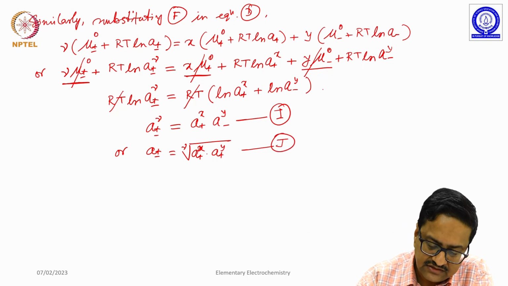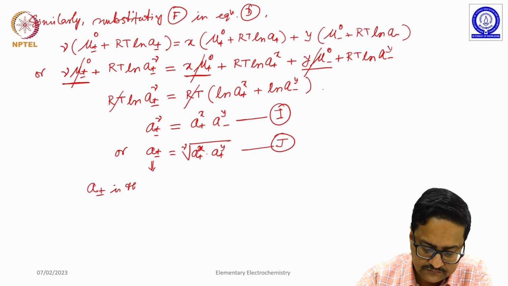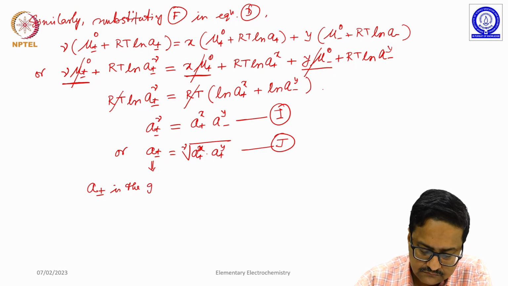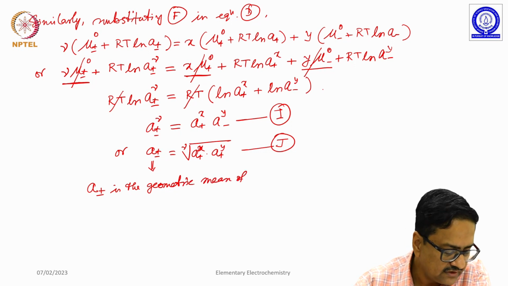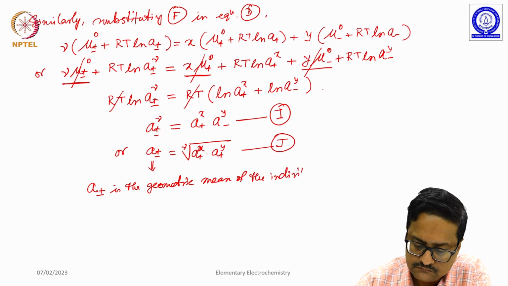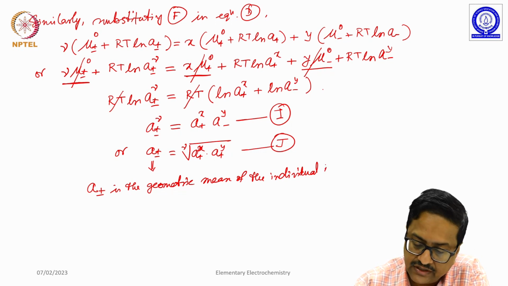So this essentially means physically that A plus minus is the geometric mean of the individual ionic activities.